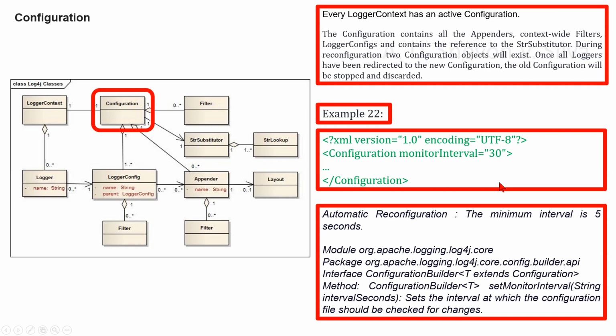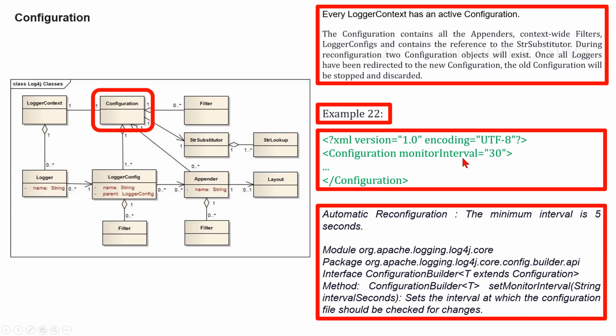When configured from a file, Log4j has the ability to automatically detect changes to the configuration file and reconfigure itself. If the monitorInterval attribute is specified on the configuration element and is set to a non-zero value, then the file will be checked the next time a log event is evaluated and/or logged and the monitorInterval has elapsed since the last check.